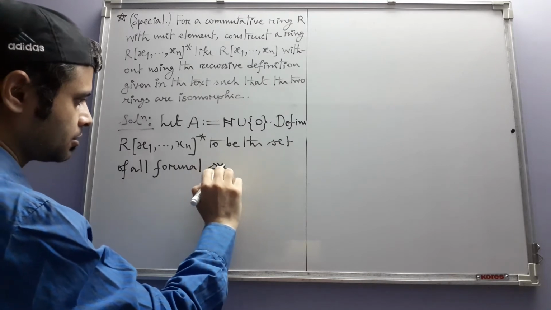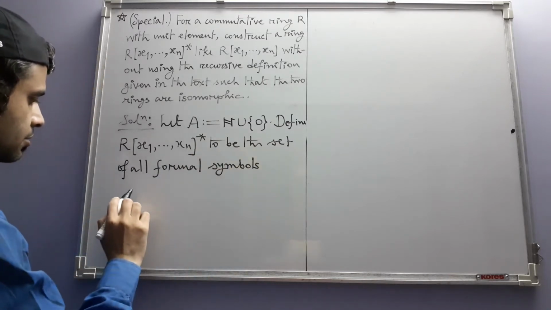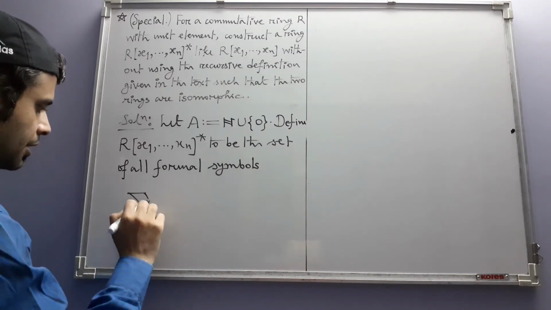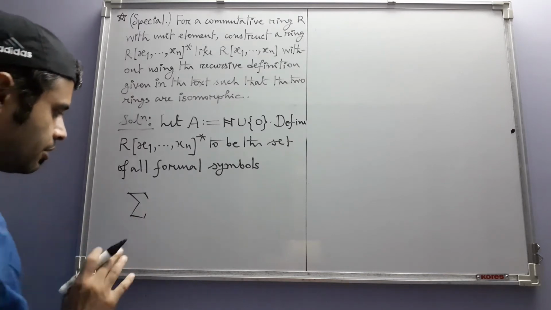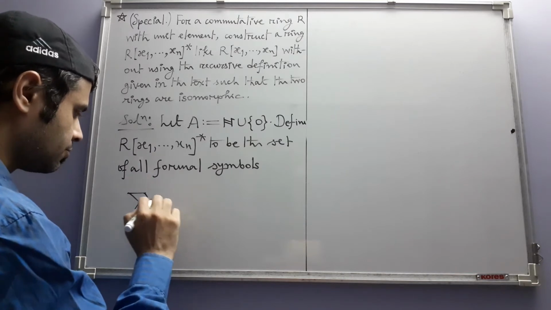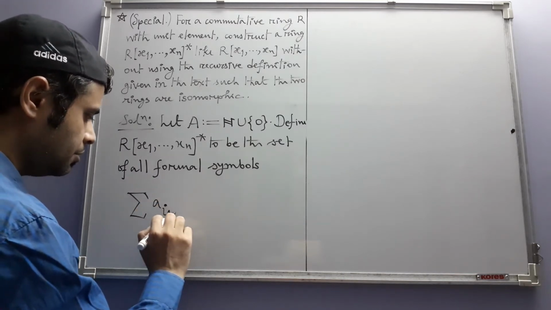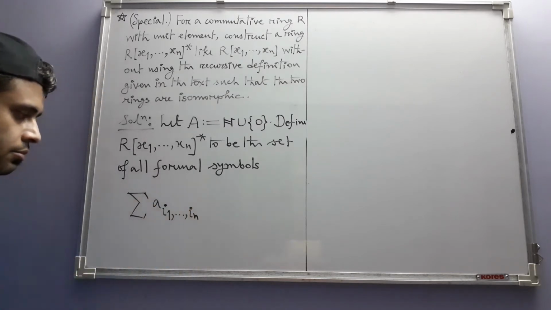We can't be that vague like the text. We have to be absolutely specific about these symbols. So to avoid notational confusion, we use comma in between. That is one thing.